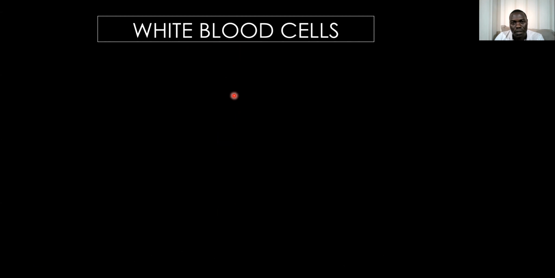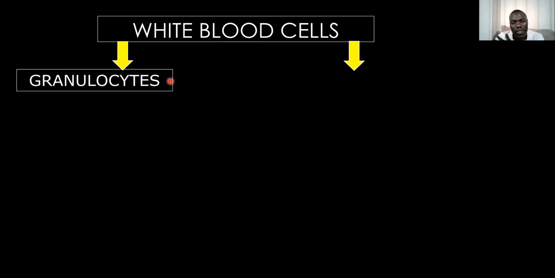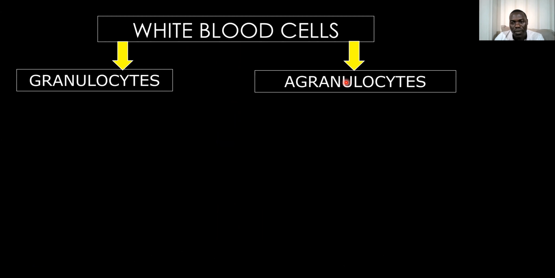We know that there are two categories of white blood cells. There are those that we call granulocytes, and there are those that we call the agranulocytes. This classification is based on the presence of granules within the cytoplasm of the white blood cells.